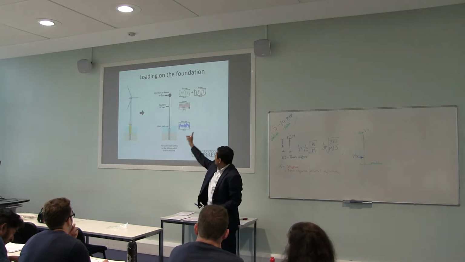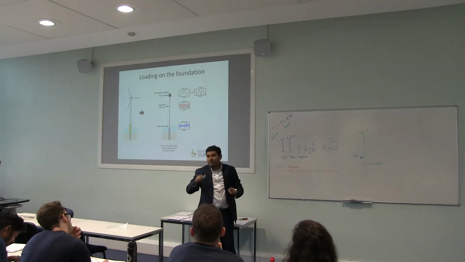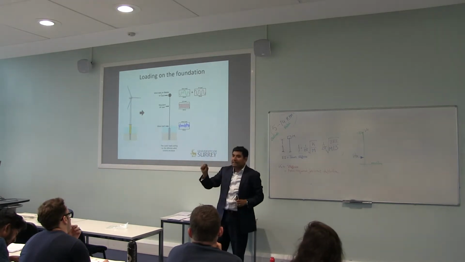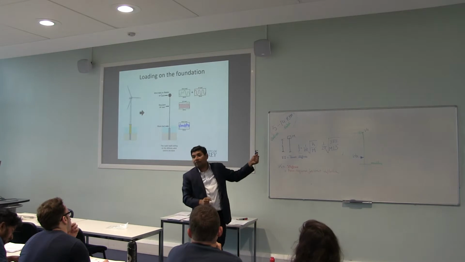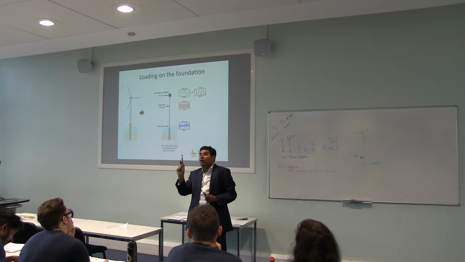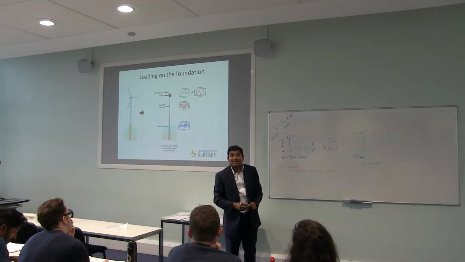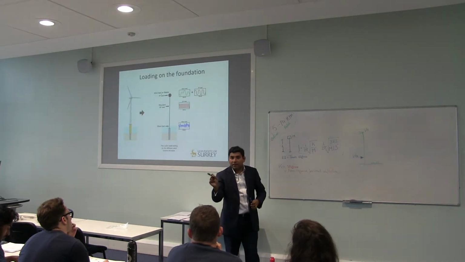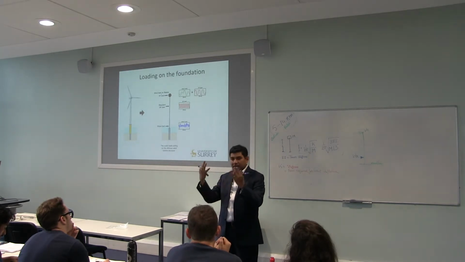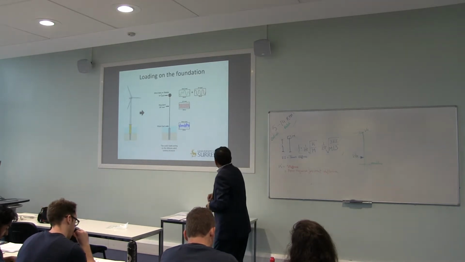Now, the 1P load. Suppose it is turning at 5 RPM, 5 times a minute. Your 1P is the frequency of that 5 RPM, and that is basically at what frequency it would oscillate. If I convert 5 RPM to hertz, it will be 5 by 60, and that is the frequency of oscillation of that tower. The magnitude depends on how imperfect the whole thing is. That is the 1P load.